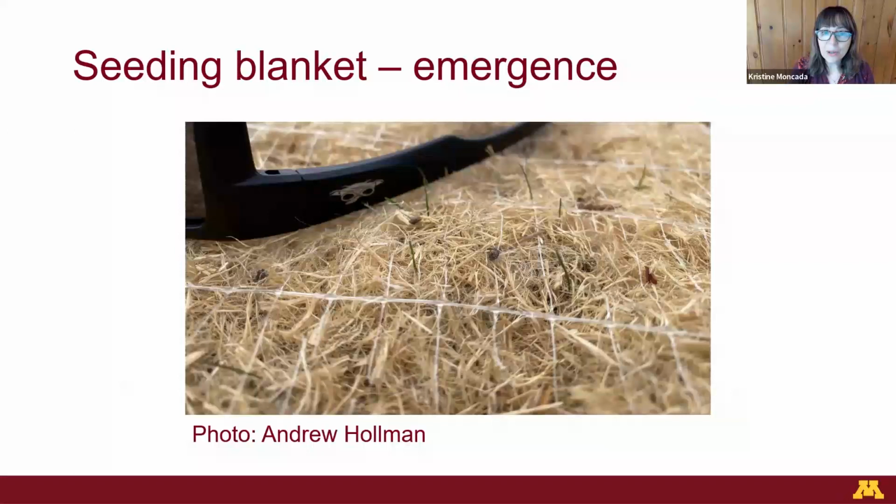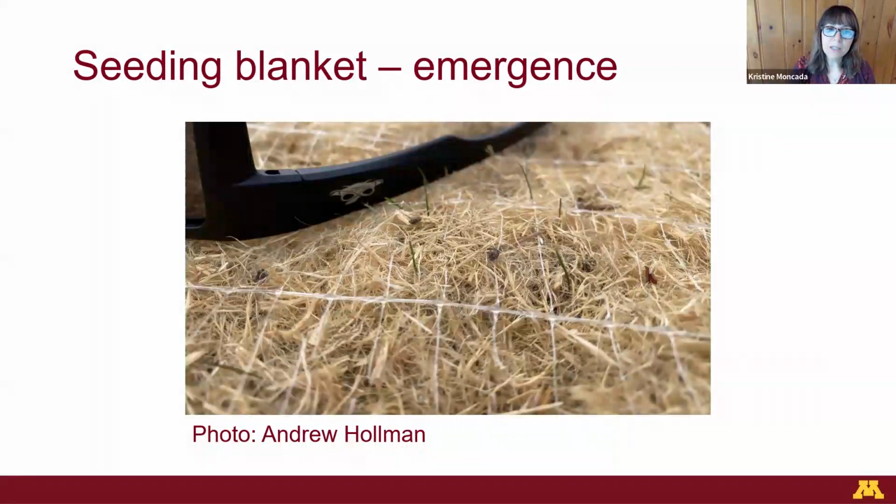Here's a close-up of a seeding blanket in the spring after having been dormant seeded. If you look really closely, there are little tiny blades of grass poking up in there. Over time, that biodegradable mulch will decompose, and the turf just fills in really nicely.